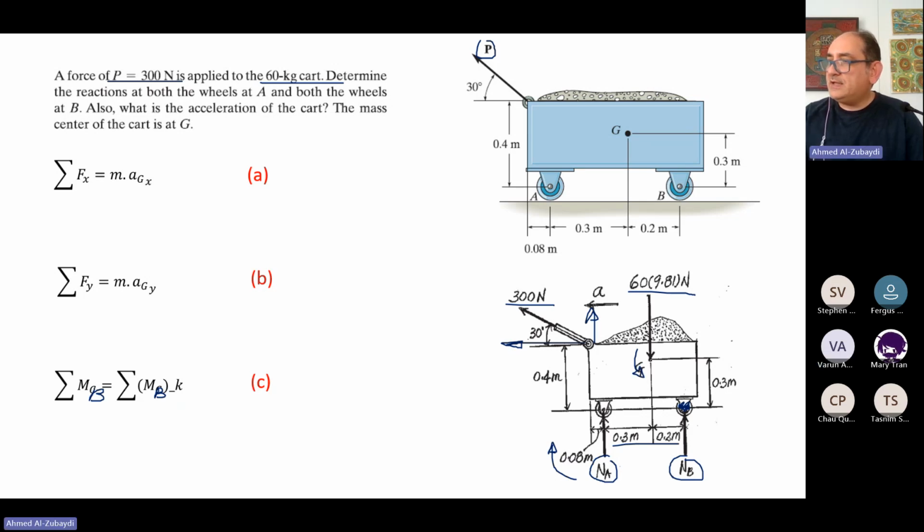And also, what we have here is that this force is going to have two components. The horizontal one is going to be multiplied by 0.4, and it's going to be counterclockwise. And the vertical one is going to be multiplied by the 0.5 plus 0.0 meters, and this will be to the clockwise.